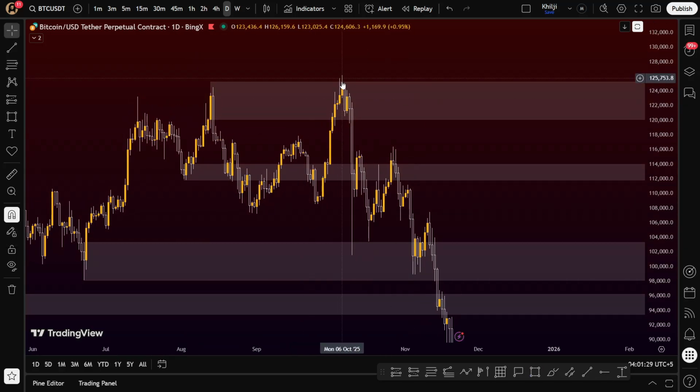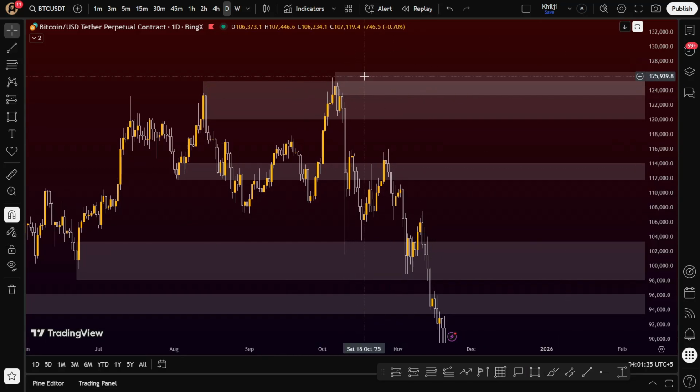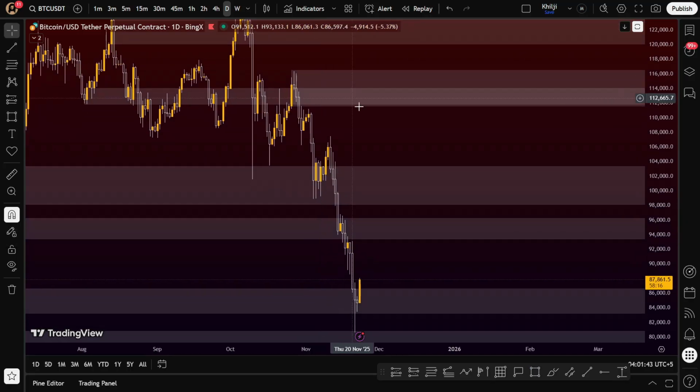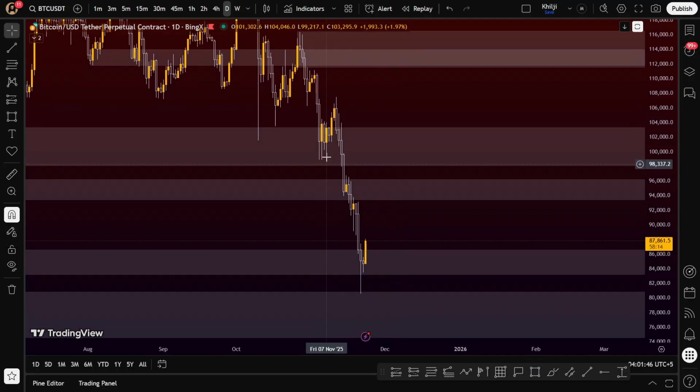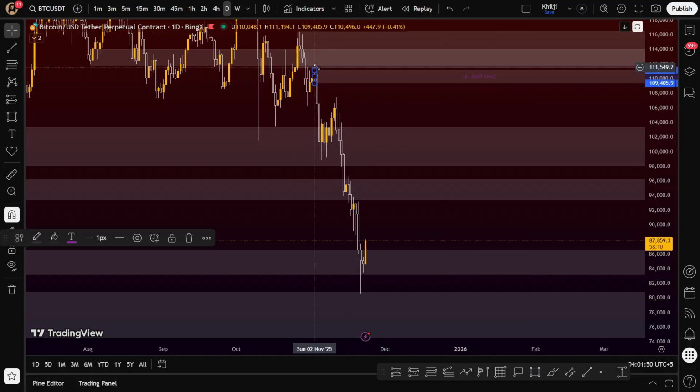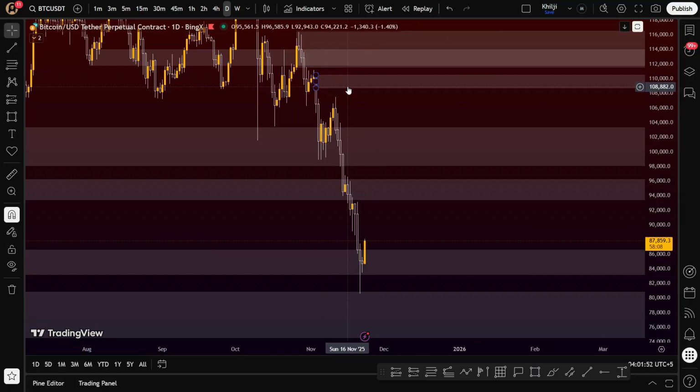Then we have this, which also becomes a bearish order block. Then we had this move down, came back up, so this becomes an order block. Then we had this move, went back up. Technically, this is also an order block. Or you could sometimes take a whole region if the order block is small.